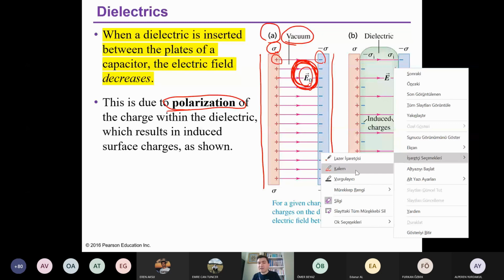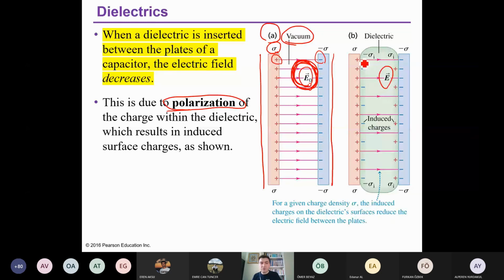This electric field will be smaller than the initial electric field, okay? The electric field is reduced due to induced charges, because these induced charges also produce an electric field in the opposite direction compared to E0. I hope this is clear. This is due to the polarization, and we have discussed the polarization in the previous lectures.